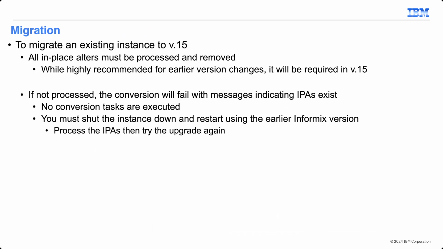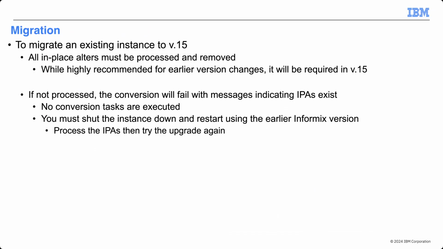If you have any in-place alters in existence anywhere in the instance, the conversion will fail, it will abort. It will actually shut down the instance, and you'll get some nasty messages.